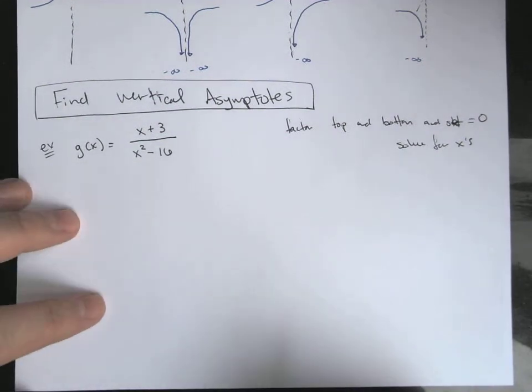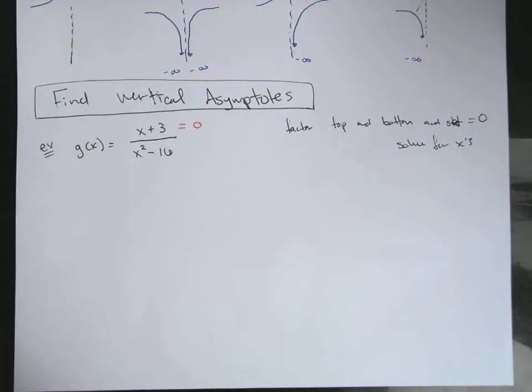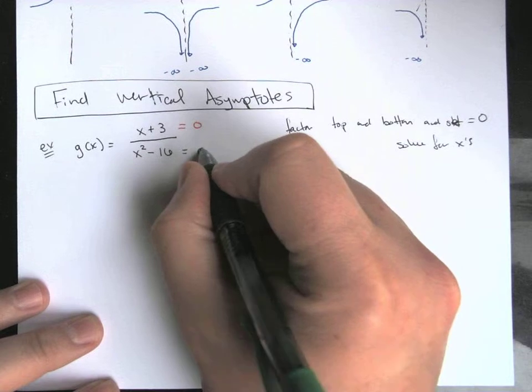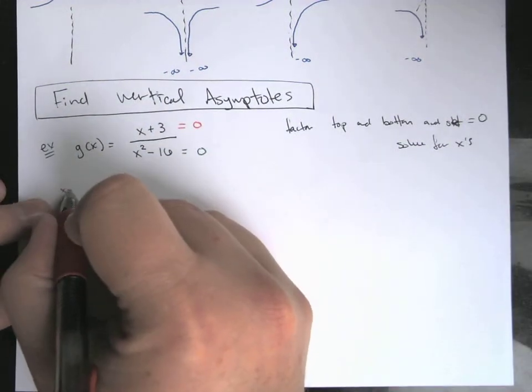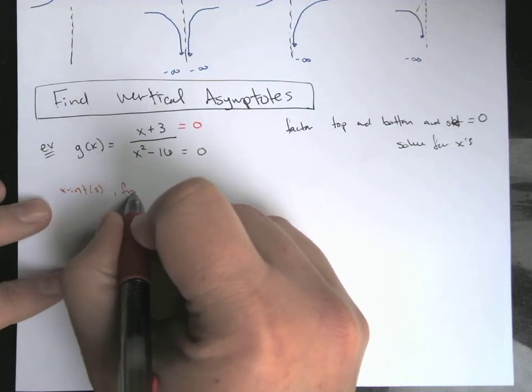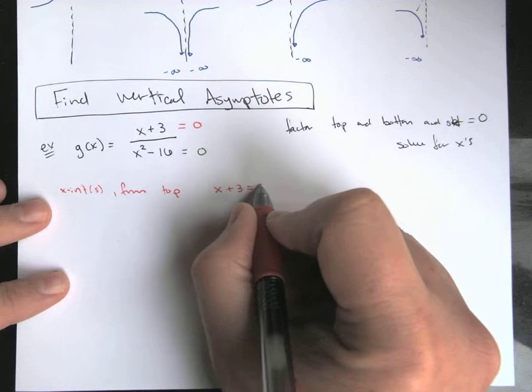This is on purpose a pretty nice value, so we're going to do x plus 3 equals 0. We'll solve for that x, and we'll do x squared minus 16 equals 0, and we'll solve for that x. So the x-intercepts are coming from the top. So that's for us x plus 3 equals 0.